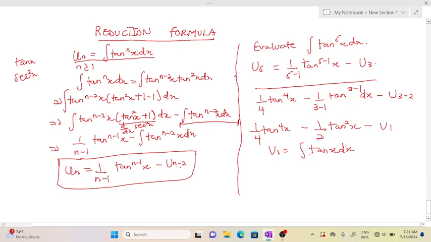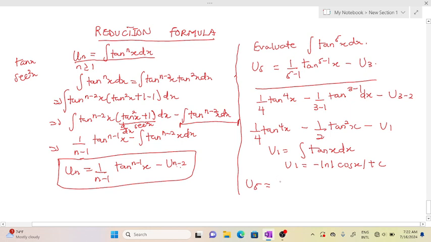After getting this, we know that the integral of tan x is simply negative natural log of the absolute value of cos x, plus c. So we simply combine our u3 and u1 into u5.